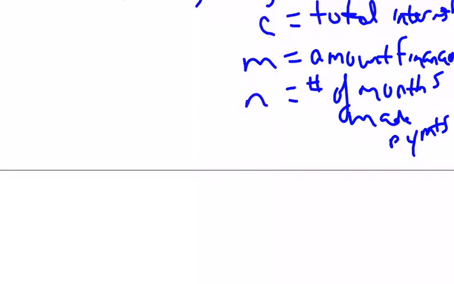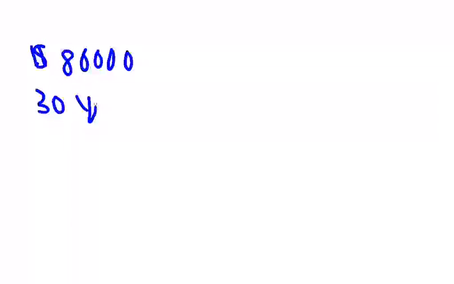Okay, so now that we know what those mean, let's look at an example. So, let's say you take out a mortgage for $80,000. The loan is 30 years at $600 a month.